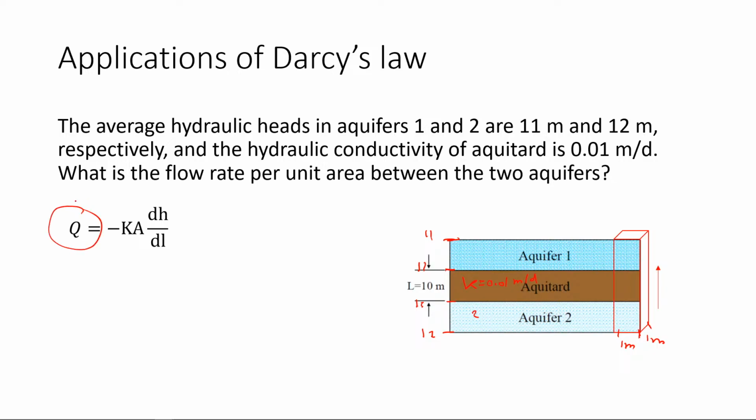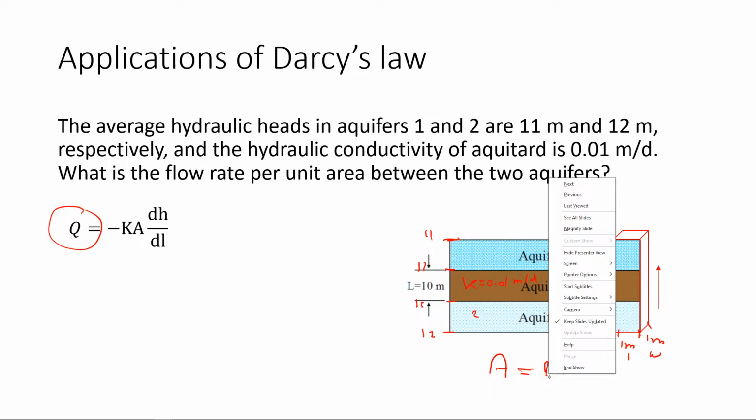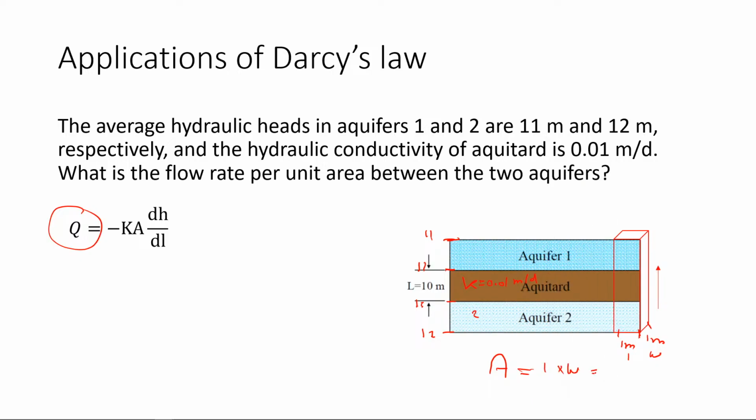What is Q? So A is length times width, L times W, which is 1 square meter. This part is easy.